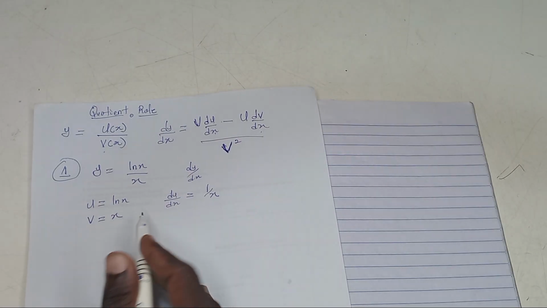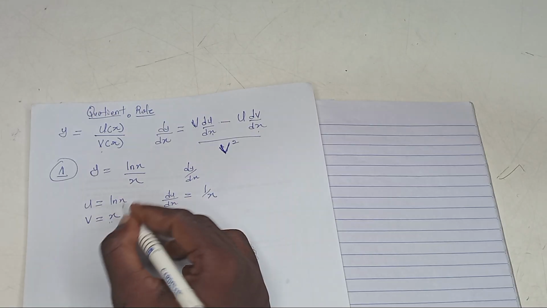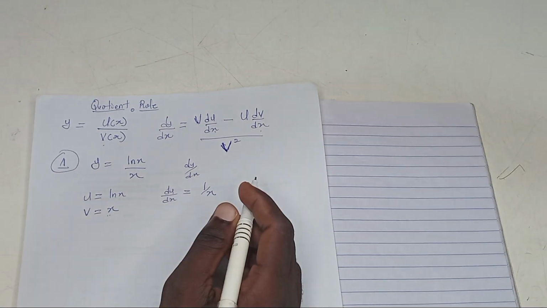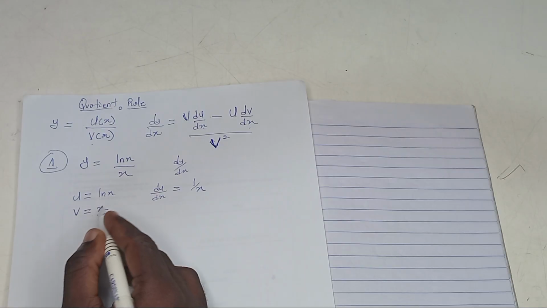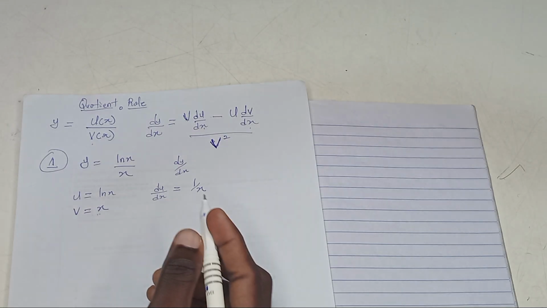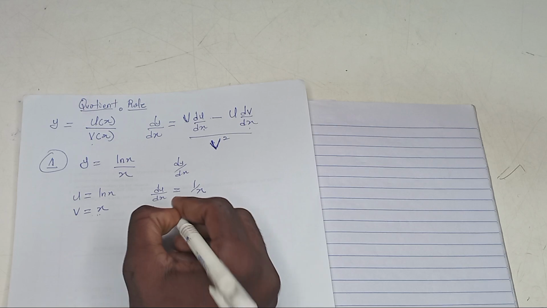And the differentiation of v, where v is x: you know how to differentiate a polynomial, as I did with the power rule in the first video. 1 times x raised to 1 minus 1, and 1 minus 1 is 0. x raised to 0 is 1. So dv dx is equal to 1.